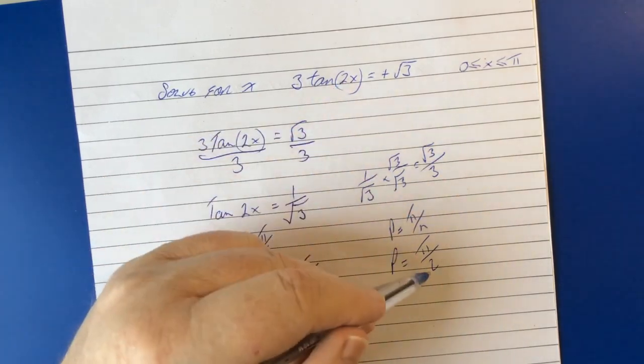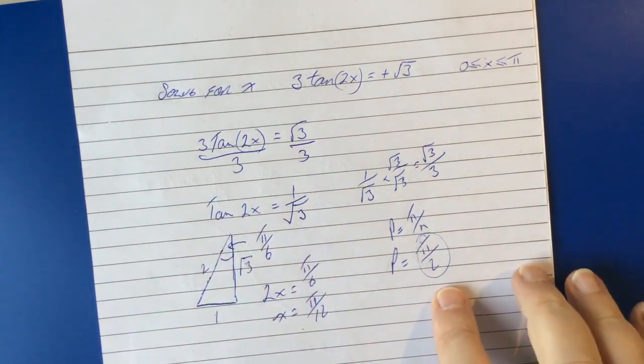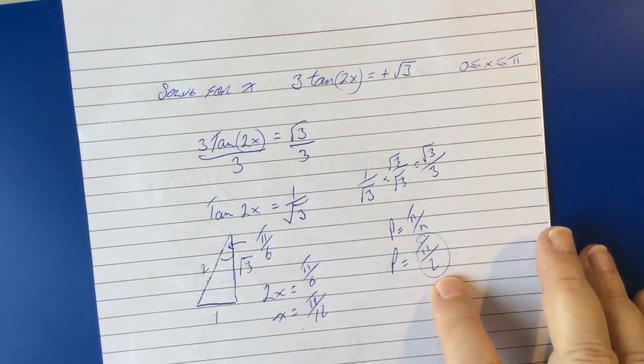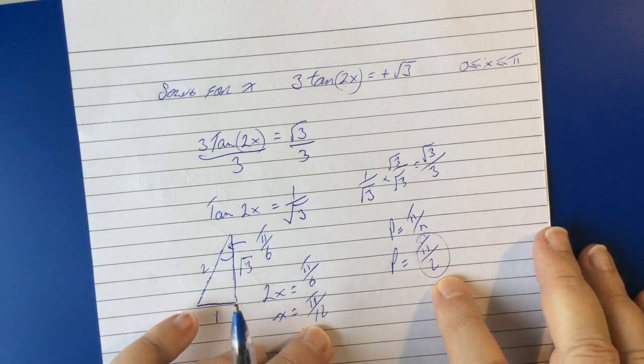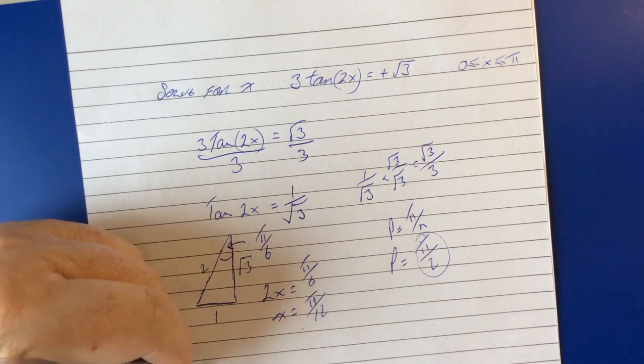Now that n is 2 in this case, so this is our period. So what we need to do is add this to pi on 12 and see if we're still within 1 pi. So I'm just going to tidy this up.